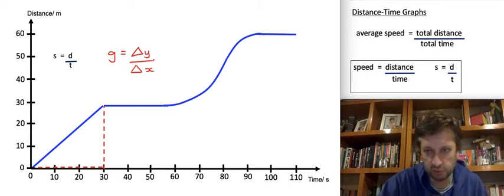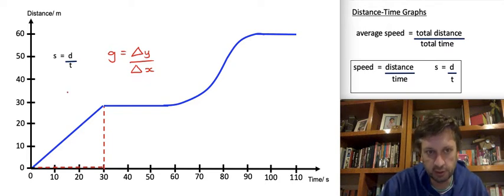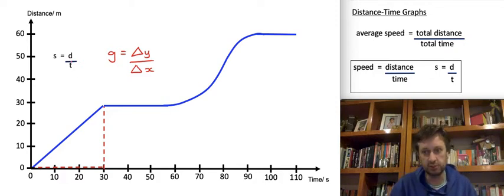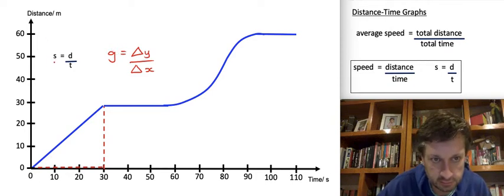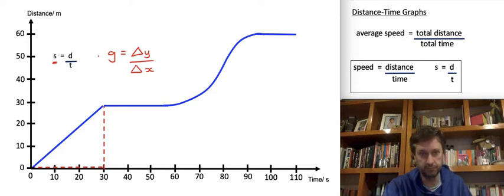I've shown that as a red dotted line. But we also know that the change in the y-axis is equal to change in distance, and change in the x-axis here is equal to change in time. So therefore, by calculating the gradient, we calculate the speed. The speed is equal to the gradient because of that equation that we saw before.